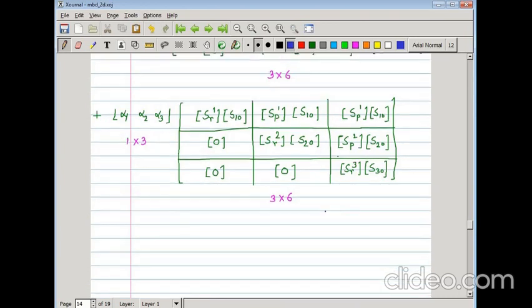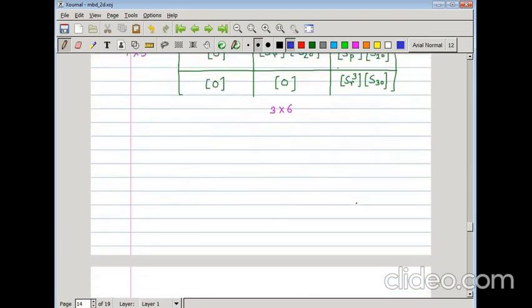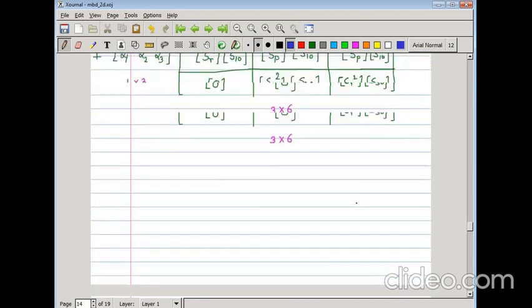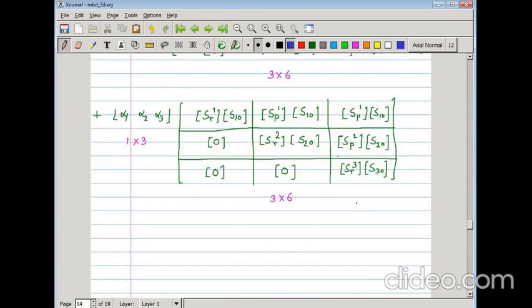So just notice the pattern in this. Okay, so let us stop here.